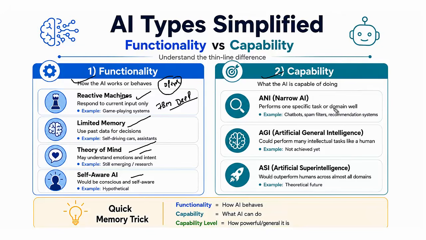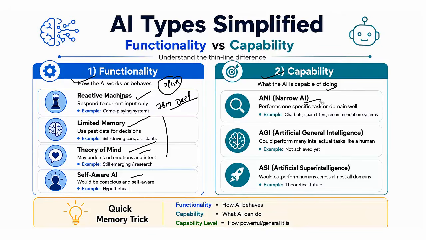Is it task specific, human level, or can it go beyond human intelligence? Capability level talks about how broad and how powerful the AI's intelligence is.